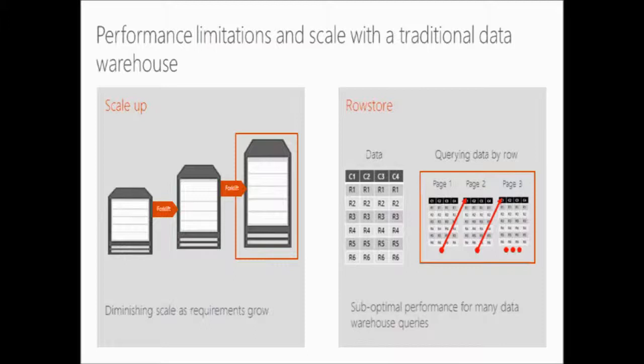You usually use a subset of columns, and when you get that data from a row store, since it is stored row-based, you get all the other columns that you don't need, which means you have to do more I/O on your storage system, and it also takes up more buffer pool in your memory.